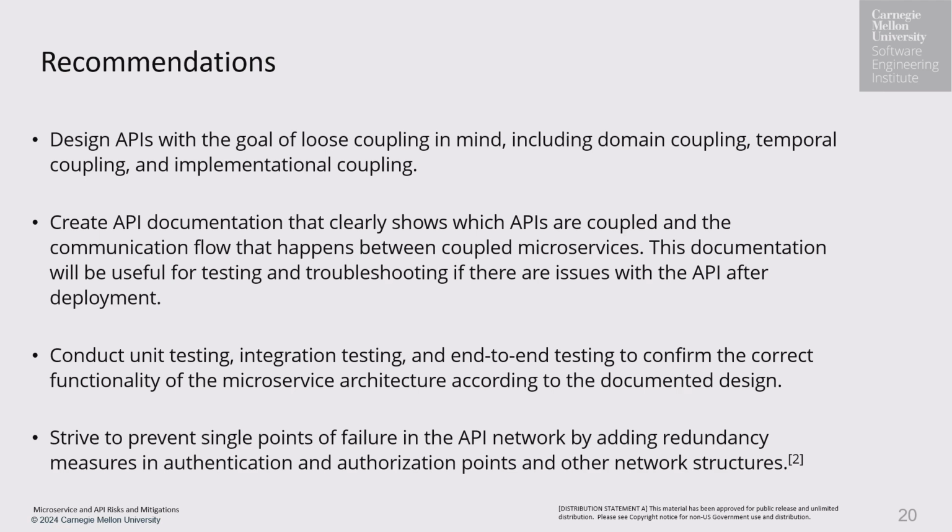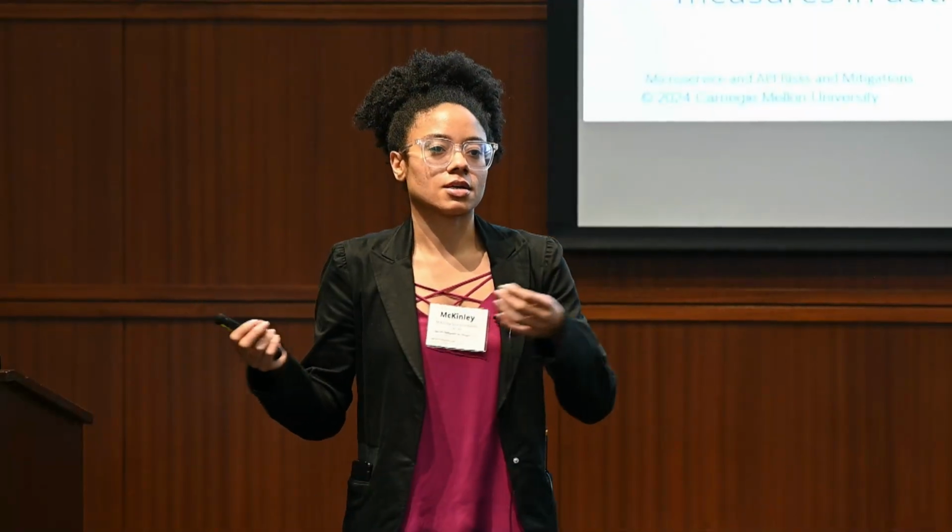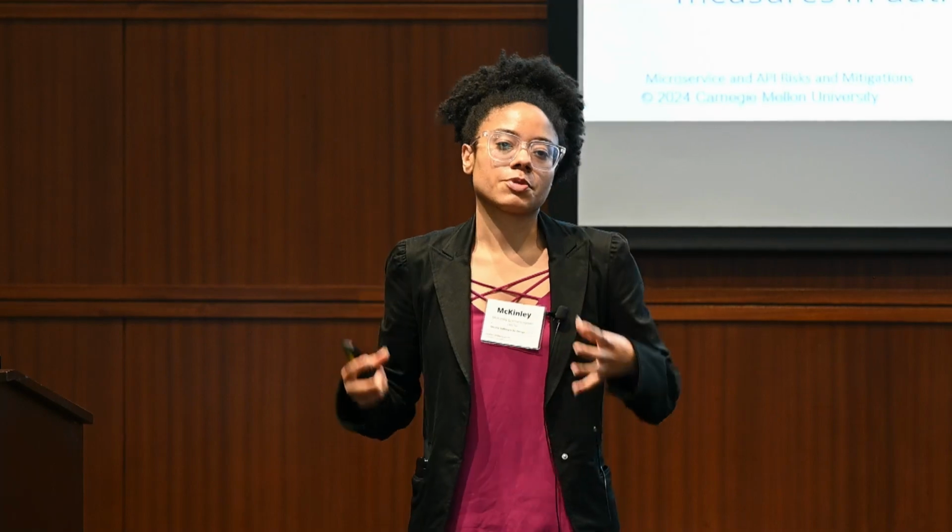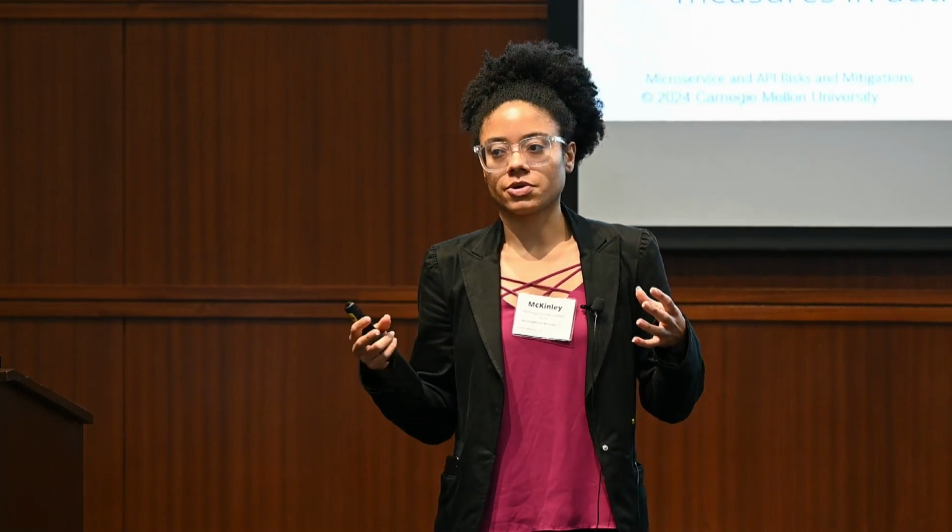So the first recommendation is to design with the goal of loose coupling, and this includes domain coupling, temporal coupling, and implementational coupling. And domain coupling is keeping all of your separate business domains separate, so things like your finance system, your HR system, your ordering system, all of those are separate domains, and making sure that those are as independent as possible.